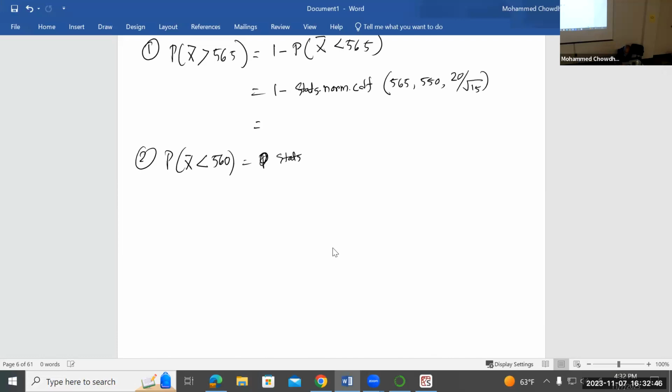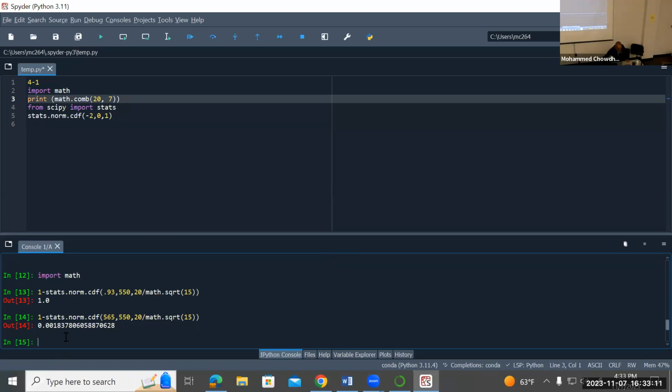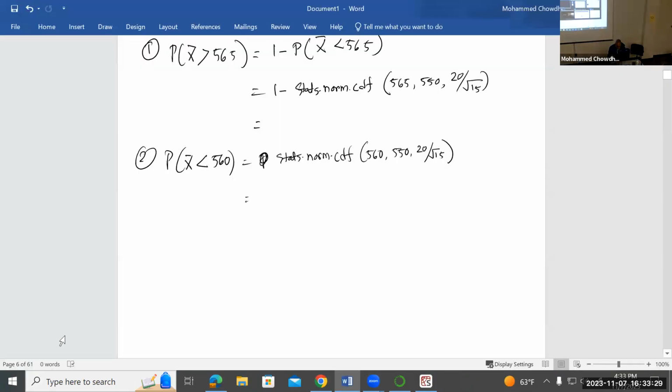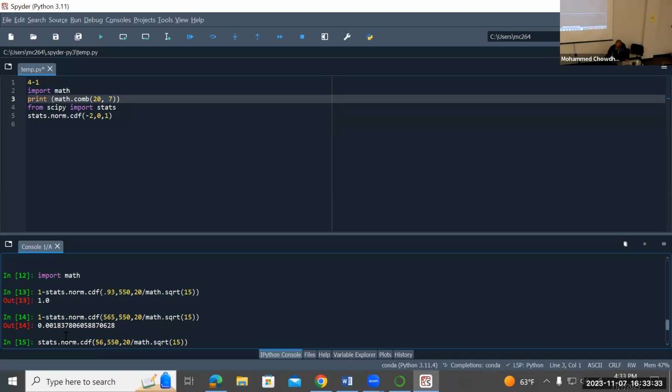Which is stats.norm.cdf of 560, 550, 20 over square root of 15, which is 560.97.